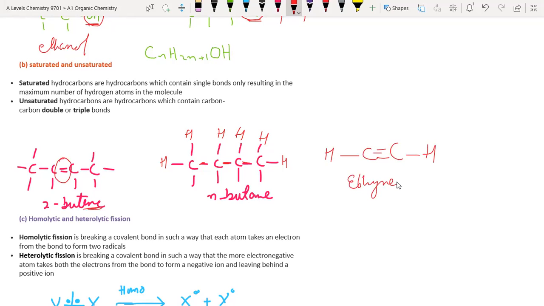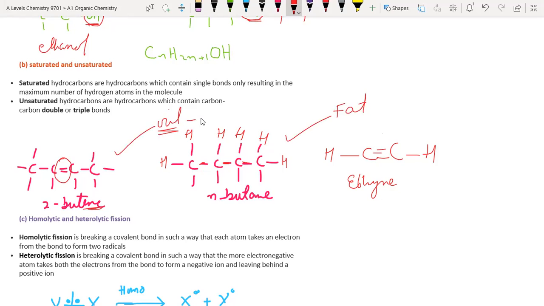One of the physical properties that differ in saturated and unsaturated compounds is that saturated hydrocarbons are solid at room temperature, with long chains, not small chain molecules, like fats are saturated hydrocarbons and oils are unsaturated hydrocarbons.